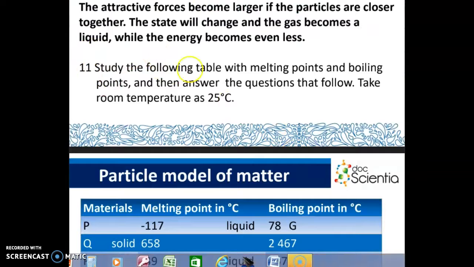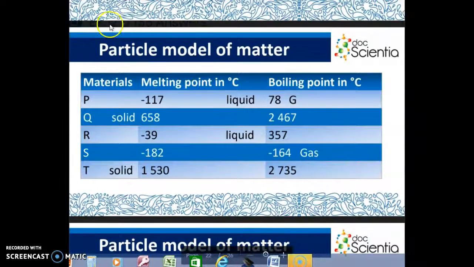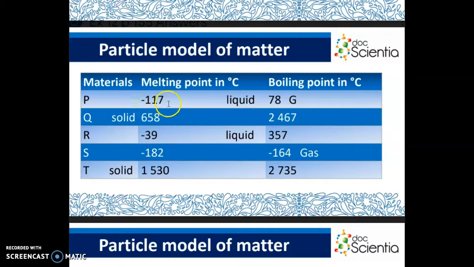Number 11. Study the following table with melting points and boiling points, and then answer the questions that follow. Take room temperature as 25 degrees. Materials. P. The melting point of P is -117, and then it's in liquid form. And the boiling point in degrees is 78.